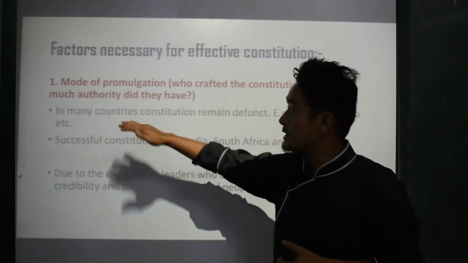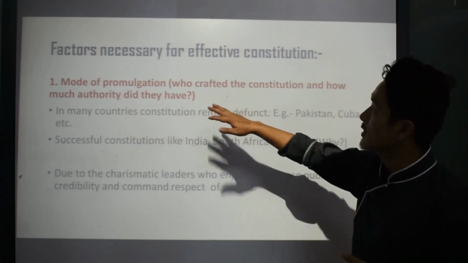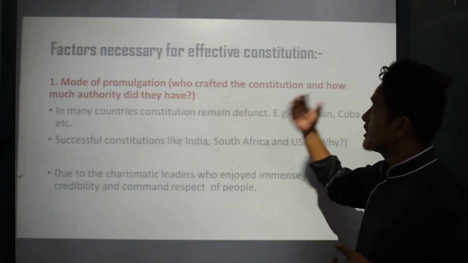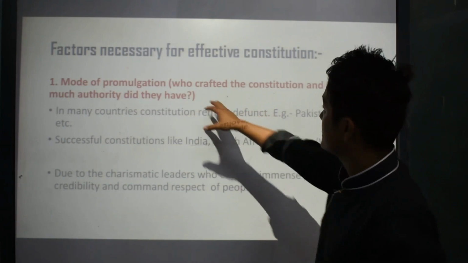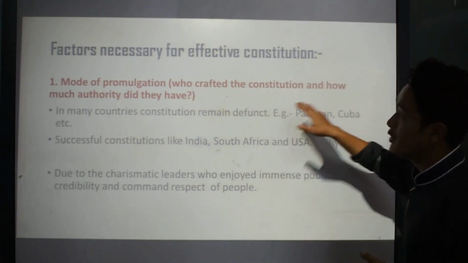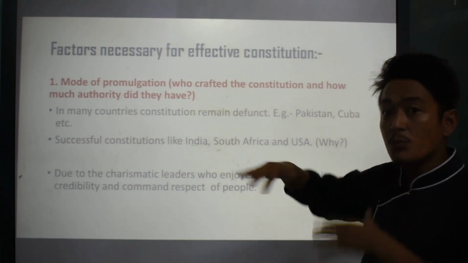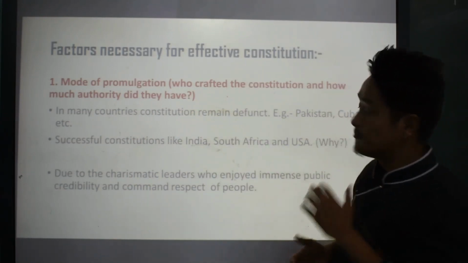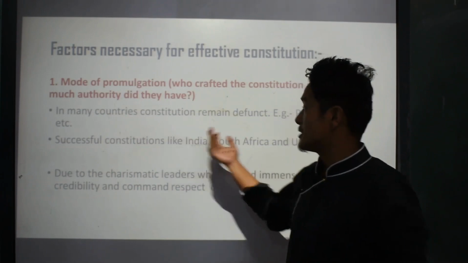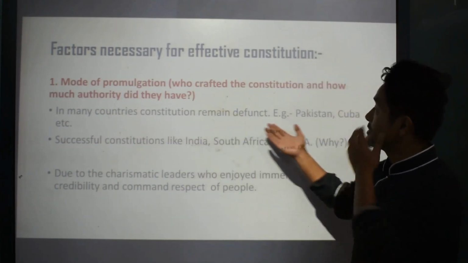Let's start with the first point, that is the mode of promulgation, which includes two major important factors: who crafted the constitution and how much authority did they have. Here, 'they' refers to the ones who made the constitution, right? In many countries, as I told you, the constitution remained defunct.